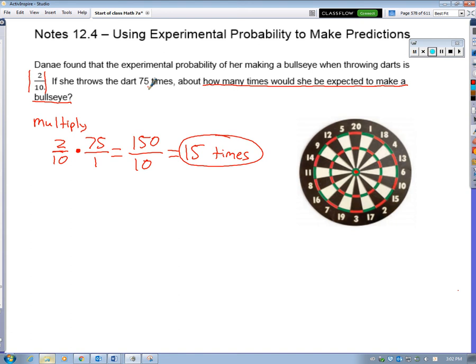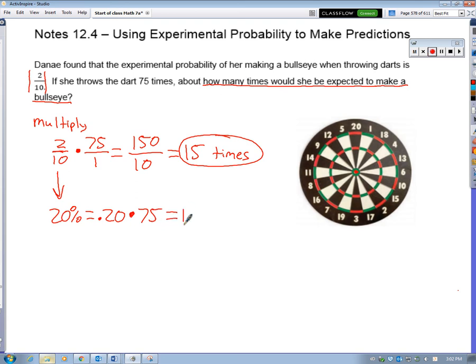Alright, if you don't like to multiply fractions, you could also use percents. So 2 out of 10 would also be the same as 20%. You could use a decimal number if you'd like. That comes out to 0.20, so you can take 0.20 times 75, and you would get the same exact answer.